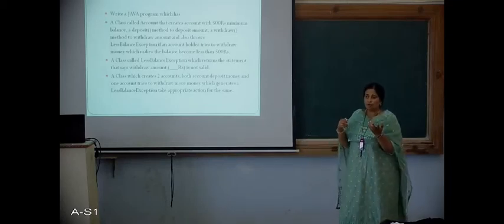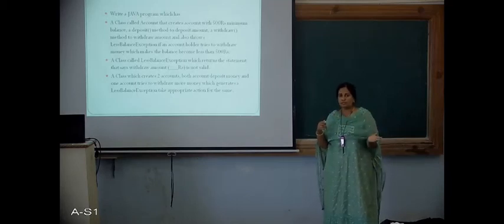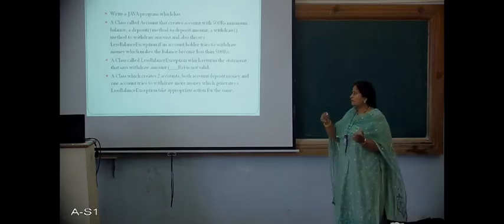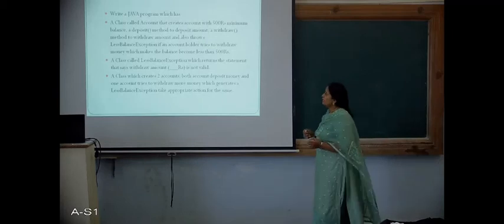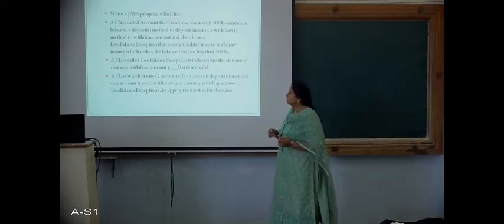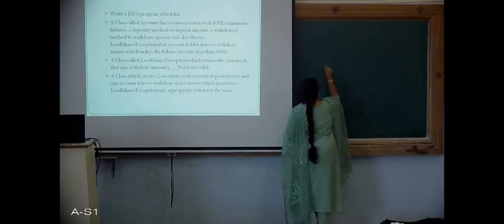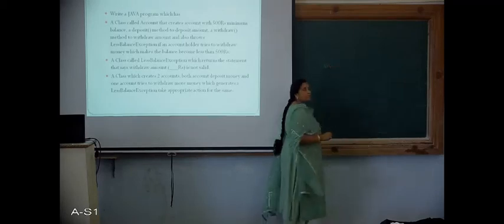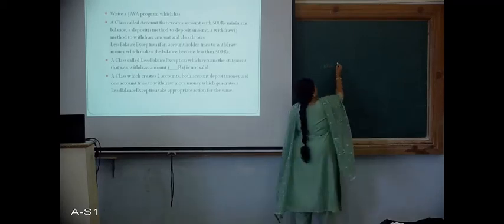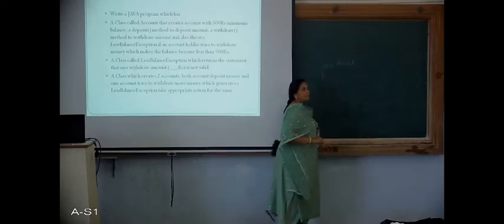So we have talked about two things, user defined exceptions and system generated exceptions, right? So this is going to be the user defined exception, right? So as per this problem statement, we have to create a class account. Correct.